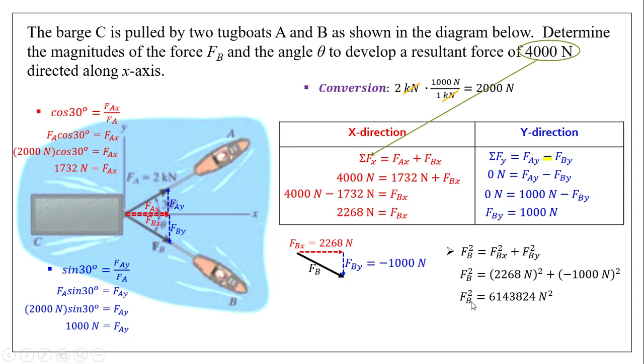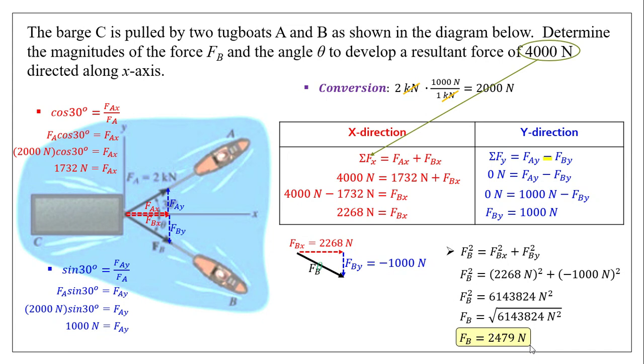But to find FB, we have to square root the whole left and right side. Square rooting the right side, 6,143,824, would give us a value of 2,479 newtons. So that is our FB. Tugboat B needs to pull with 2,479 newtons in order to keep the barge moving straight.